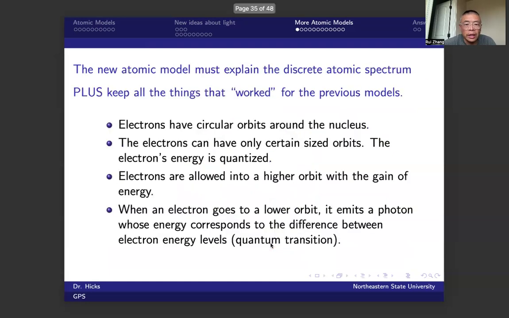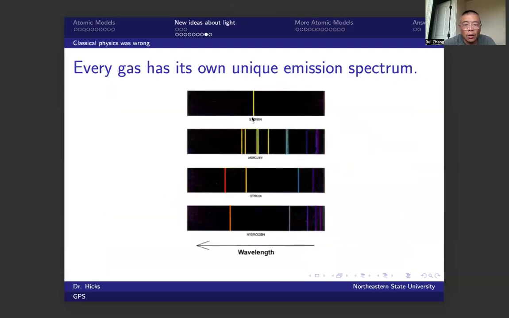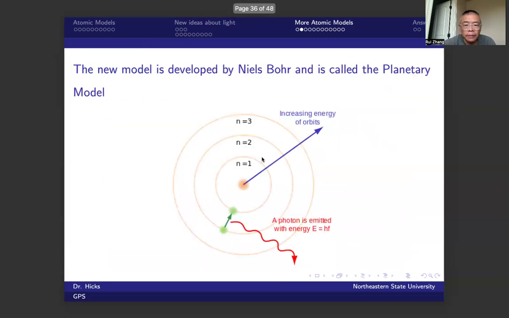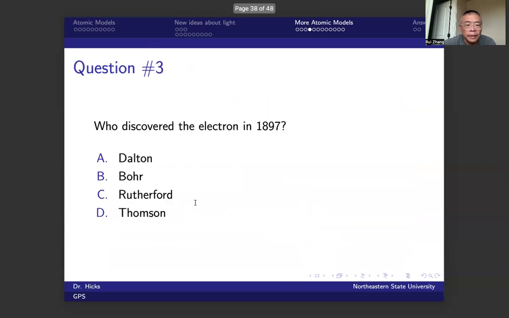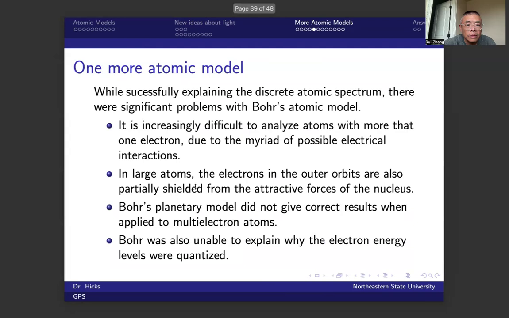So this explains why you don't have the whole frequency spectrum, but only specific lines. This is kind of like a planetary model, but it's not exactly. This is Bohr's model, and this is another question you can answer from here.